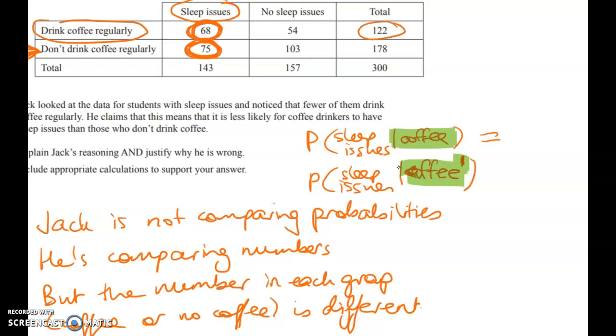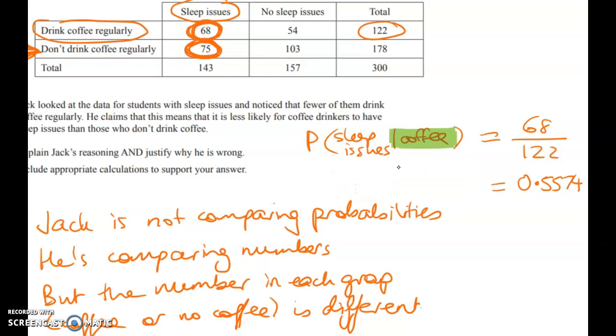So there were 122 people who drank coffee often. 68 of them had sleep issues. And when you work that out as a decimal, you get 0.5574. So that's my first one. Given that someone drinks coffee in this survey, the probability that they have sleep problems is 55.7%.